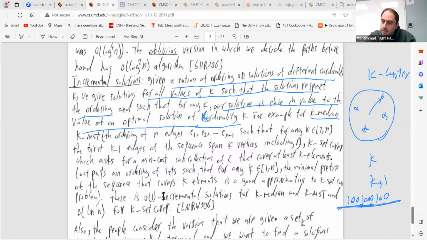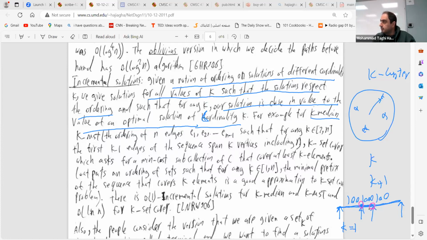So you have 4 vertices. Now, in this case, if k is equal to 1, then the solution can be one of these vertices essentially, either this vertex or this vertex, for the k median, correct?